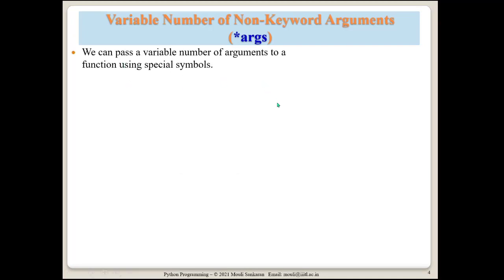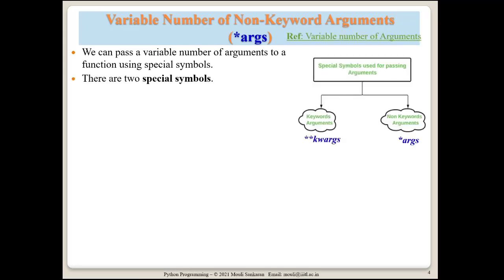I said Python has the feature of passing a variable number of arguments to a function using special symbols. They are *args, this star in the parameter list, and then **kwargs, double star in the parameter list.